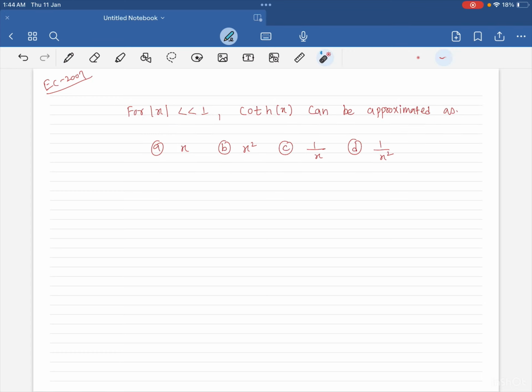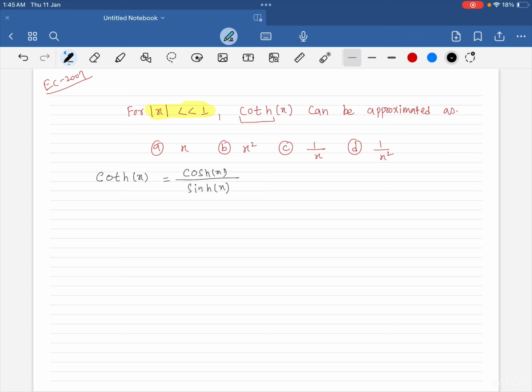Okay, so let's look at this question, that is from EC 2007. We are given mod x that is very less than 1, and we are given coth x can be approximated as, right? So let's look at how we can solve this. We can write the coth function as cosh divided by sinh, right?